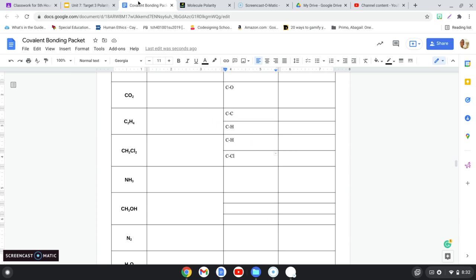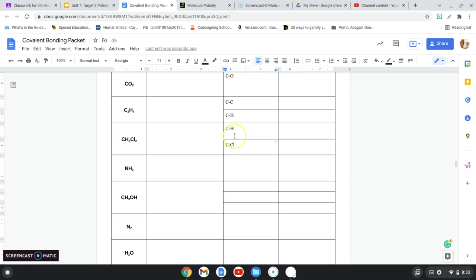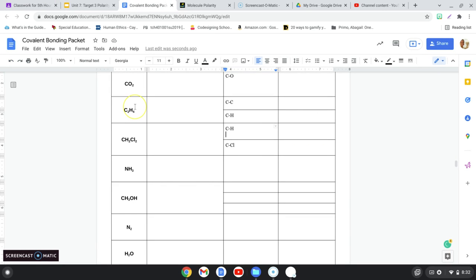Okay? So here, when it says work/calculations, you would take whatever the electronegativity of carbon is, which is 2.5, minus 2.1. And that equals 0.4.